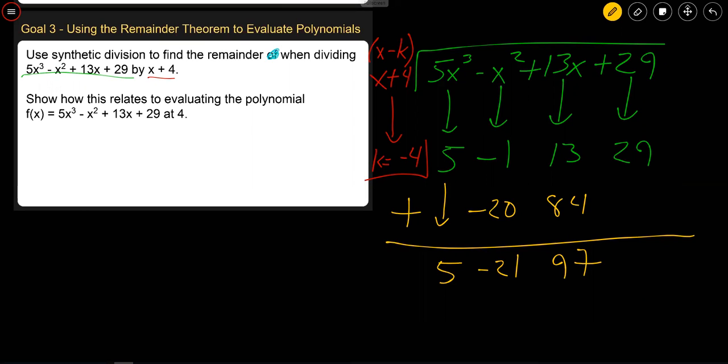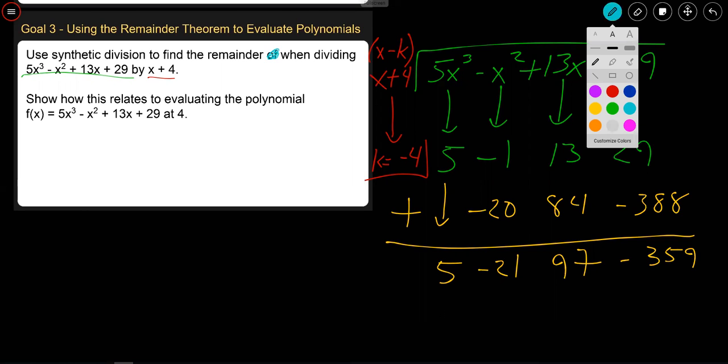And then 97 times -4 is going to give me a big number, -388. And then finally, -388 plus 29 is going to give me -359.